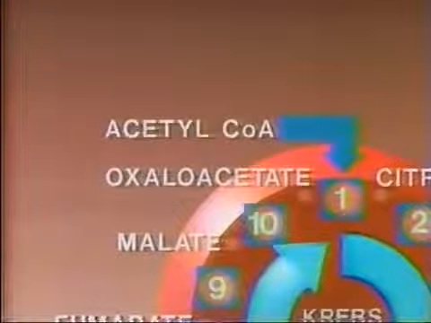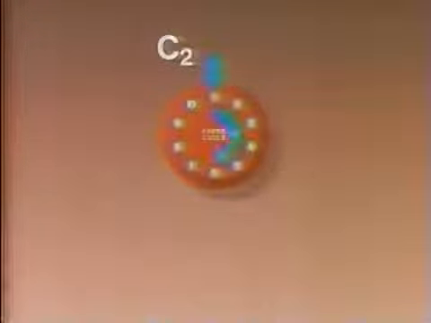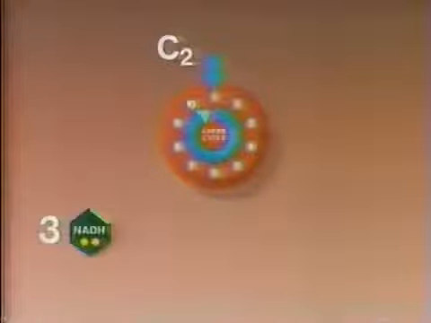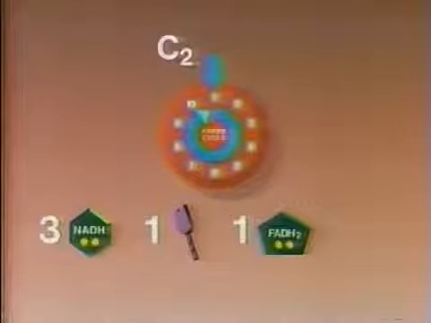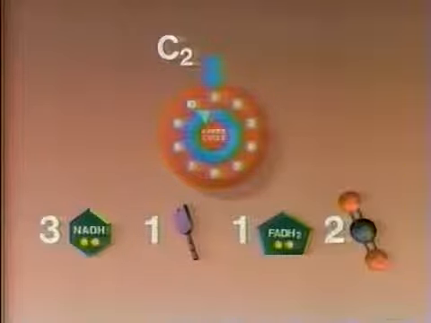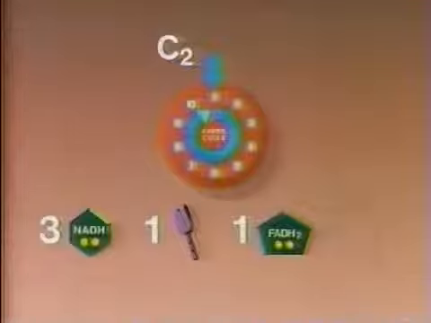In a single turn of the cycle, the energy carriers spun off were 3 NADH, 1 ATP, 1 FADH2, as well as waste carbon dioxide. The 2 carbon atoms that entered the cycle were expelled as carbon dioxide.